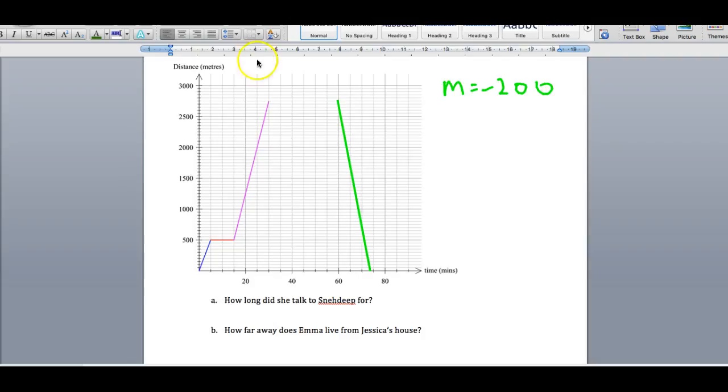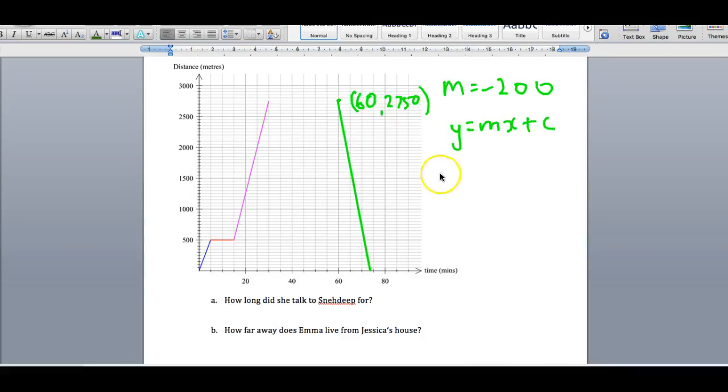We can use a point on the graph. So this point here that she finished at was 60 minutes, 2750. So we just substitute that point into y equals mx plus c.